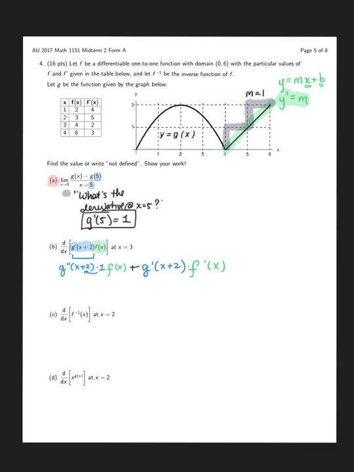Now we're going to evaluate at 3. g double prime of 3 plus 2 times f of 3 plus g prime of 3 plus 2 times f prime of 3. And this simplifies to g prime of 5.